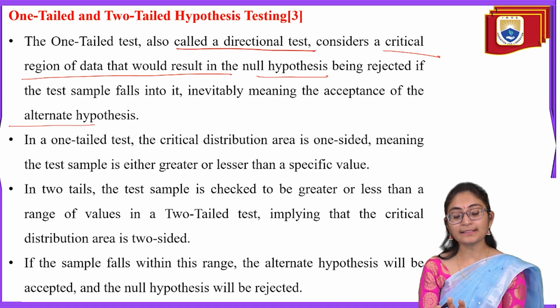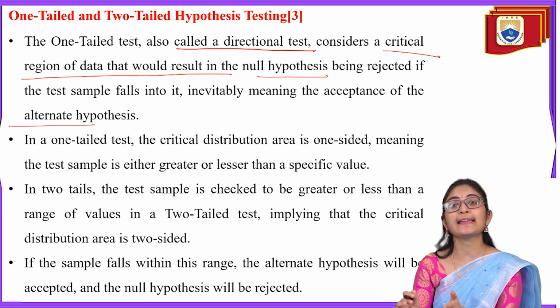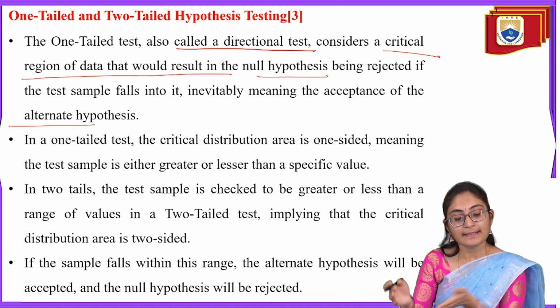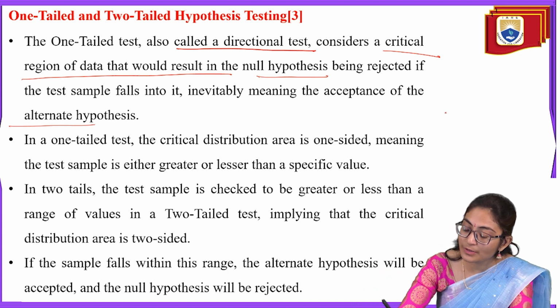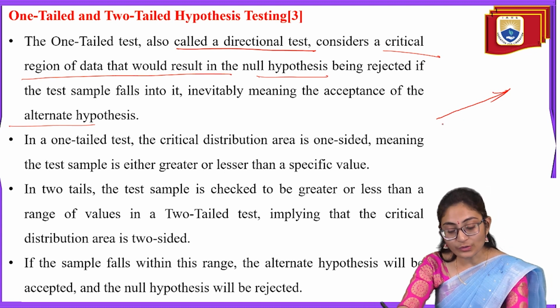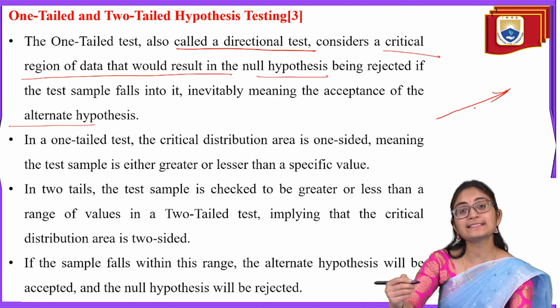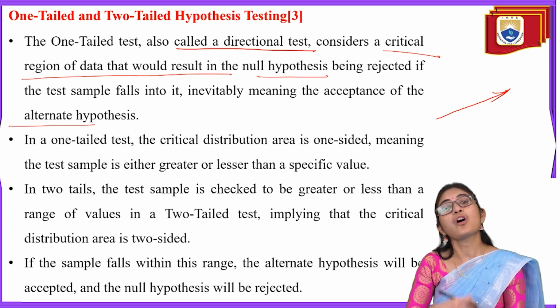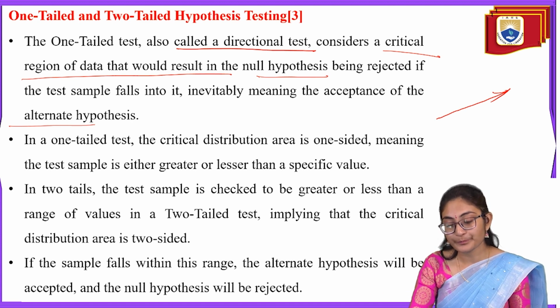In a one-tailed test, the critical distribution area is one-sided. That means your result goes through only one side. It's totally one-sided, meaning the test sample is either greater or lesser than a specific value.